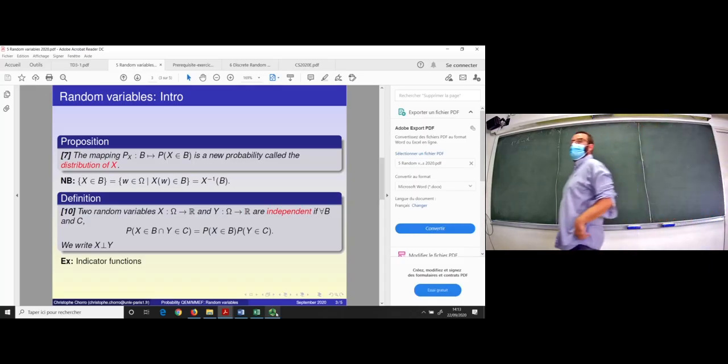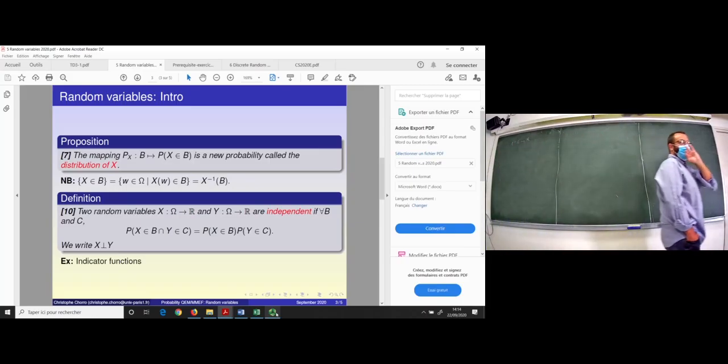What is a mapping, in one little sentence? An operation to relate the elements of one set to the elements of another set. Some rule to relate the elements of one set to the elements of another set. Okay, I agree with this, but I will be a little bit more precise, just a little bit.